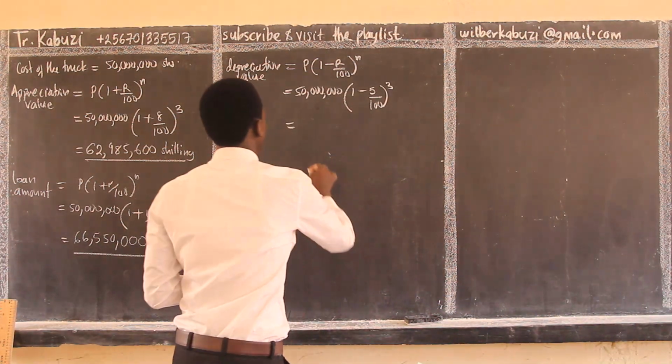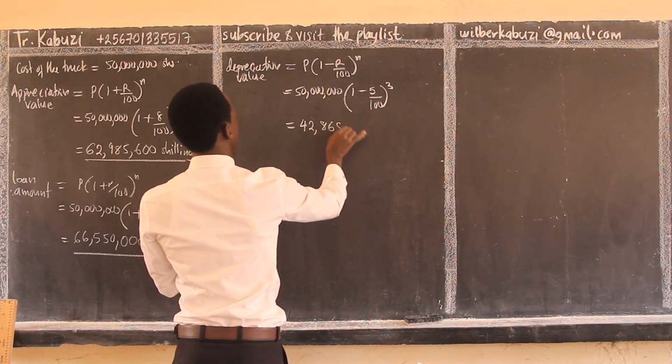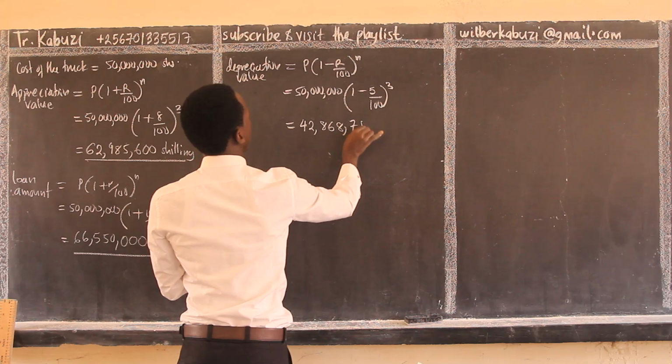So this will be its price in 3 years, 750 shillings.